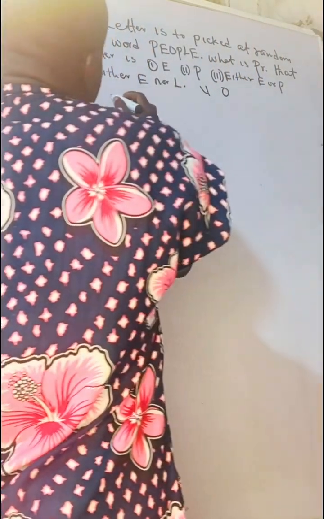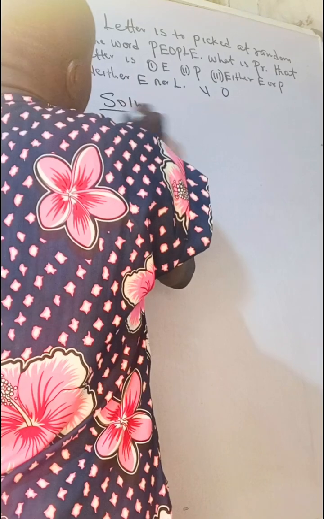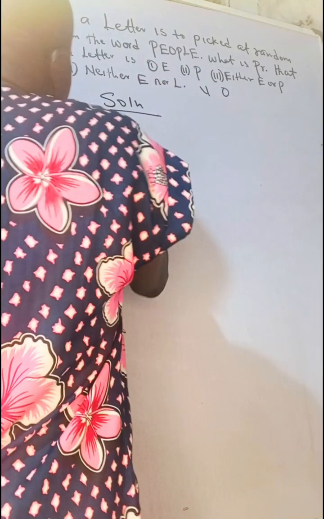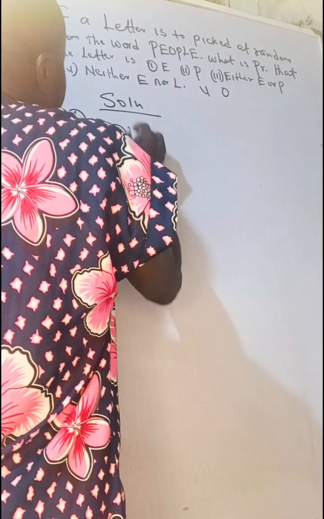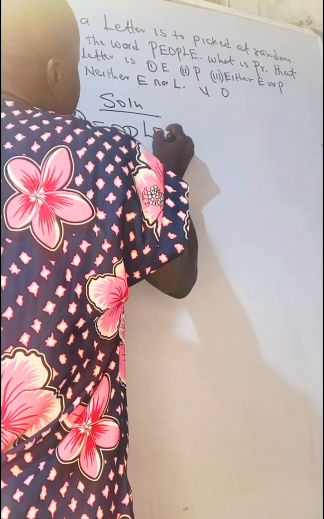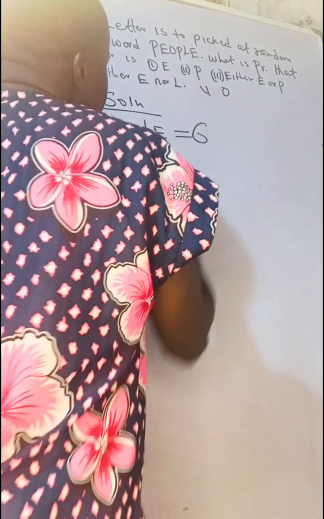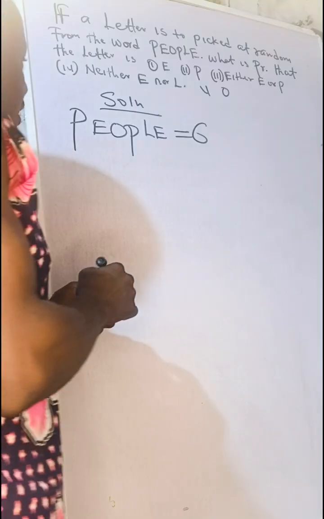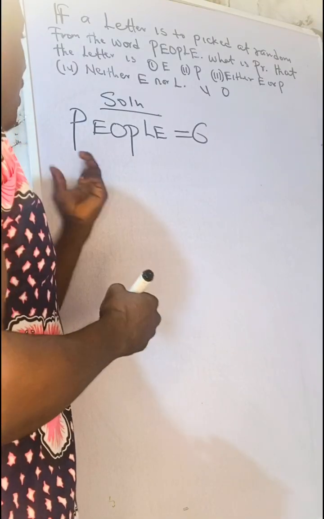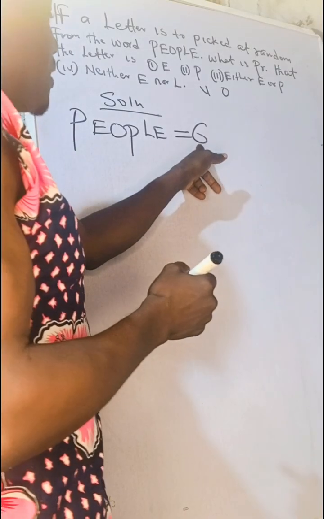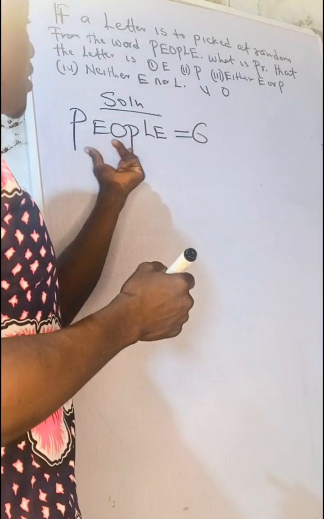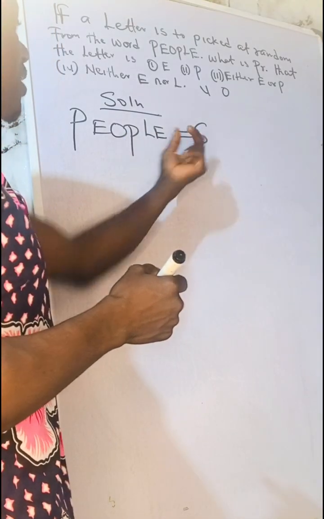Then let's write the solution. The word people is a 6 letters word. It means that the total outcome of this word is 6.